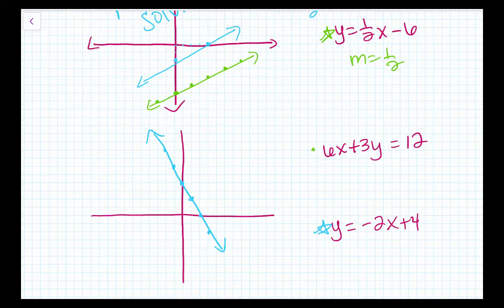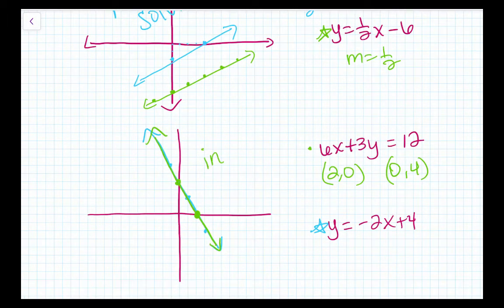So the x-intercept, if I cover up the y, is going to be (2, 0). And the y-intercept, if I cover up the x, is going to be (0, 4). So (2, 0) is right here, and (0, 4) is right here. So as you can see, it is the same exact line. Therefore, there are infinitely many solutions.